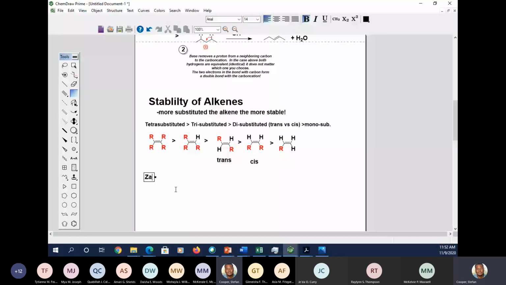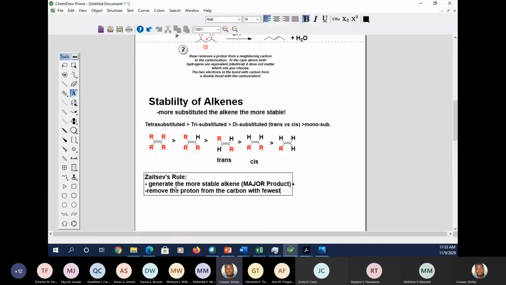It is the Zaitsev rule. Zaitsev's rule says I'm going to generate a more stable alkene, and that's always going to be the major product. So there's some information that comes indirectly out of here: remove the proton from the carbon with the fewest number of hydrogens.